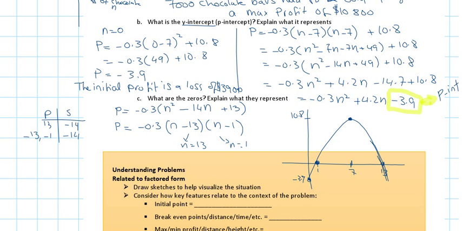So when you factor the negative 0.3 out, you're going to have to divide this by negative 0.3, this by negative 0.3, and this by negative 0.3. Yeah? If you divide 4.2 by negative 0.3, yeah, try it. Here's your calculator.